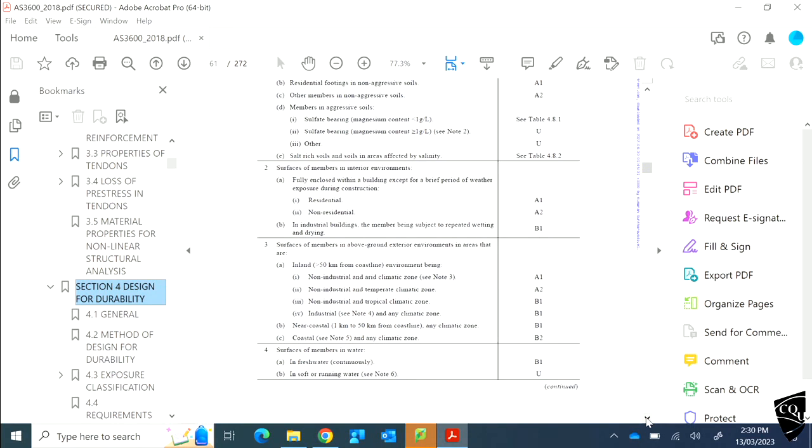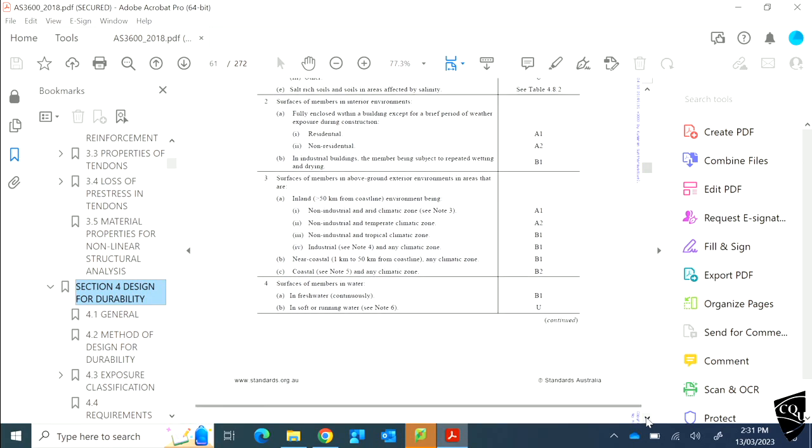The 3 criteria I mentioned: serviceability, the member should be able to serve the client, that means it should be able to be used for its purpose, and it should also consider the environment.